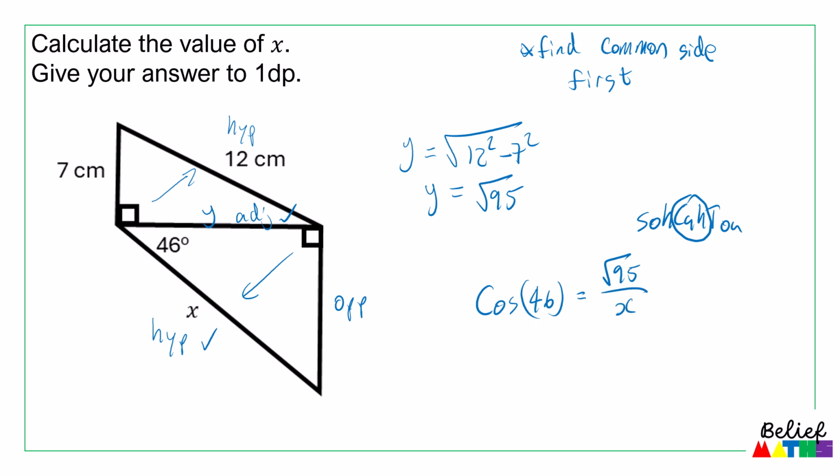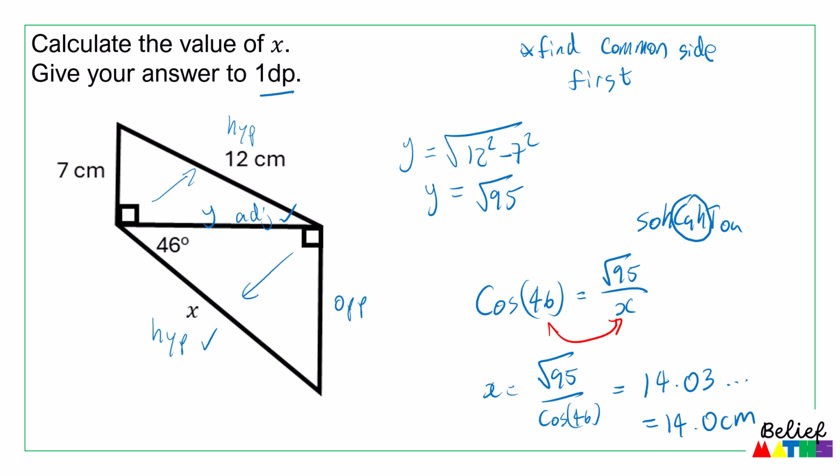And now we're back at that situation where our unknown is on the bottom. So we can just do our little swap here. And we get x is equal to the square root of 95 over cos of 46. Putting all that into our calculator then, you get 14.03. Giving your answer then to one decimal place, our answer is 14.0 centimeters.